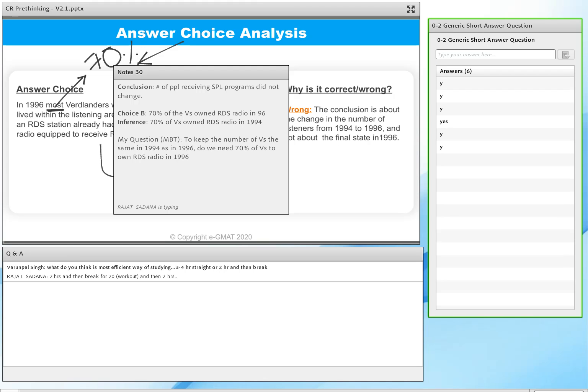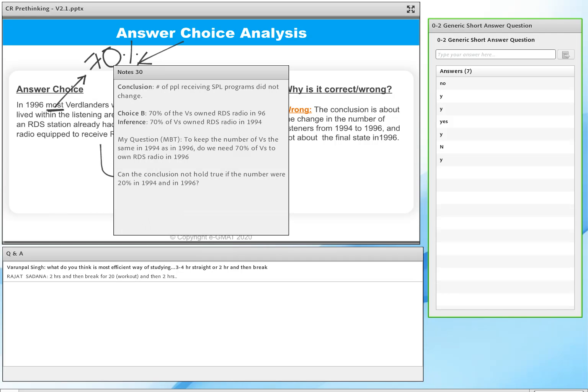Or in other words, can the conclusion still hold true if the number were 20% in 94 and in 96?